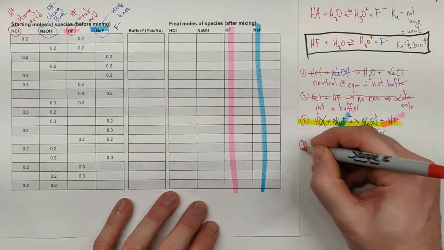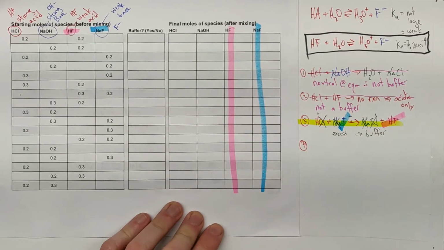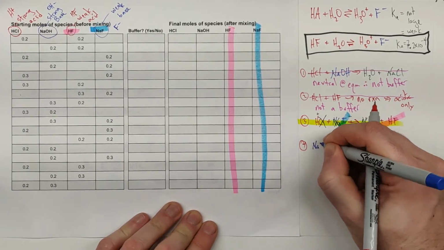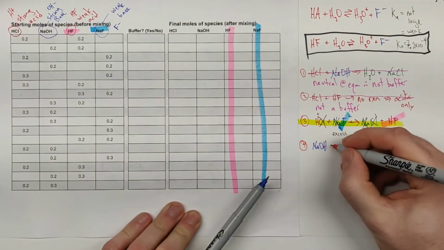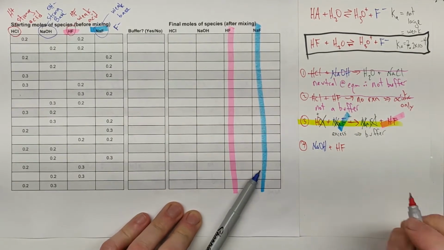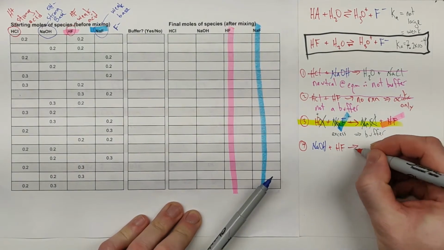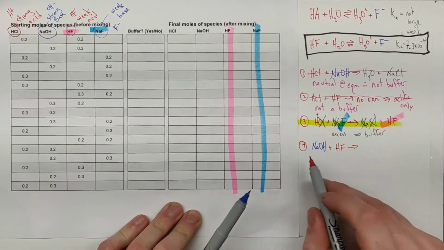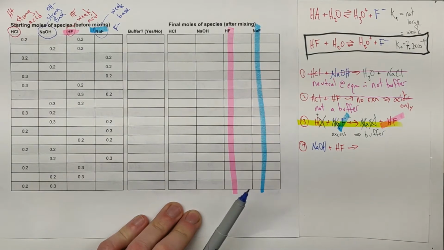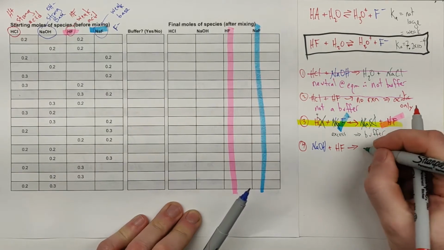Now this is promising because we've got strong base and weak acid. In this particular case, we're going to make H2O. No, really. H2O.